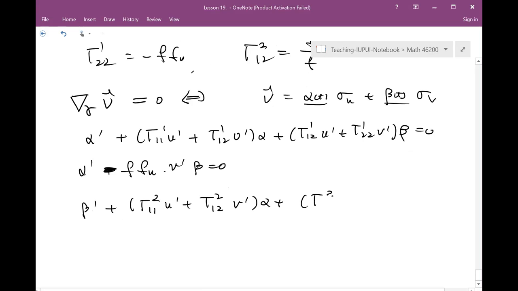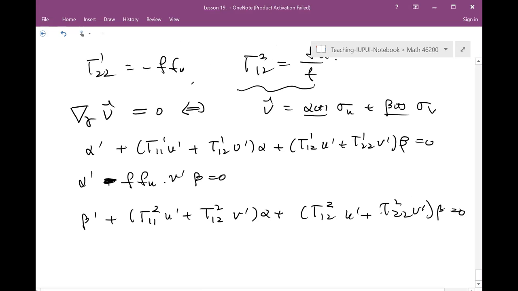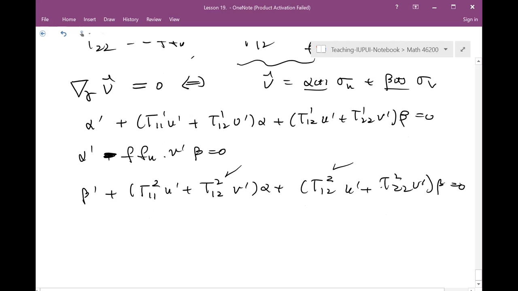Then we look at the equation for the beta. We only have this term, gamma 2, 1, 2, and the rest of them will be 0.